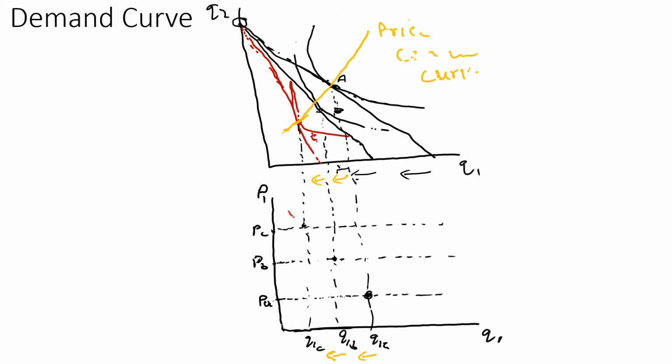When we join these points, what we get is a demand curve, and it is clear from this demand curve that there is a negative relationship. When price was higher at PC, the quantity demanded was lower, and when price is lower, the quantity demanded is higher. So this is how we derive the demand curve.